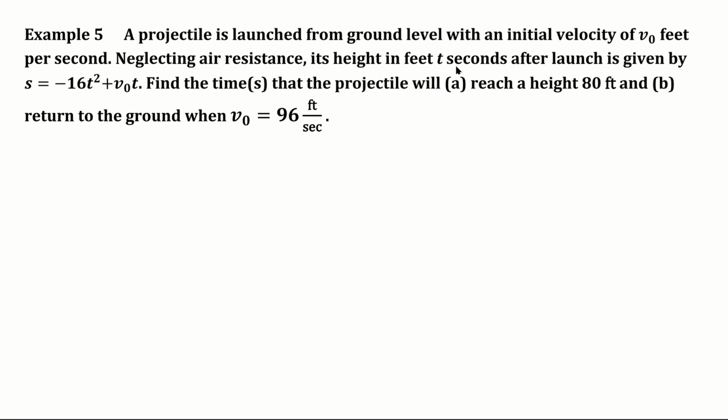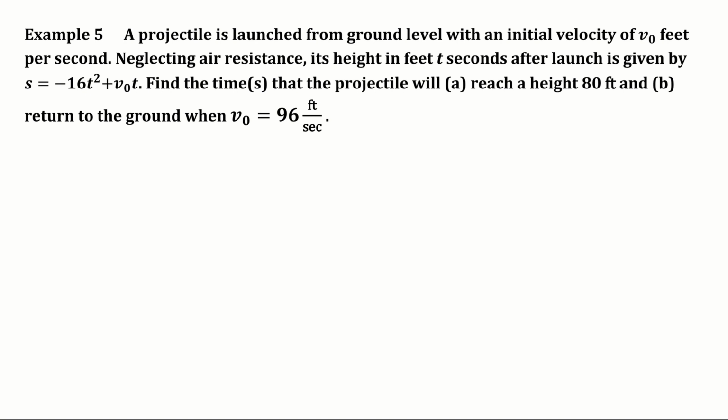Its height in feet, t seconds after launch, is given by s equals negative 16t squared plus v0t. Find the time that the projectile will do two things. First of all, reach a height of 80 feet and then return to the ground if the initial velocity v0 is 96 feet per second.